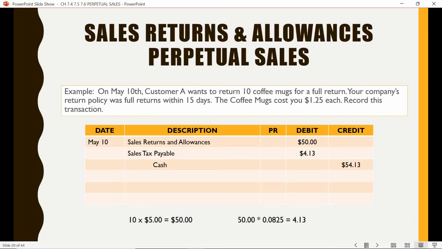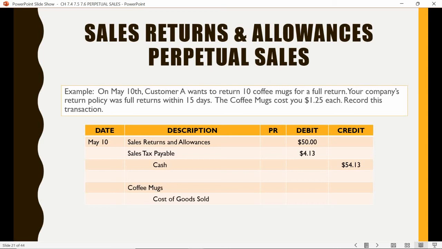So therefore, I have to reverse my transaction, because in this case, I must drop it into my inventory and cost of goods sold, and reverse my cost of goods sold because I end up unselling these 10 items. So therefore, I have to revert them and put them back into my inventory.